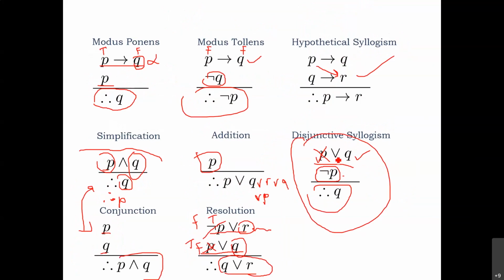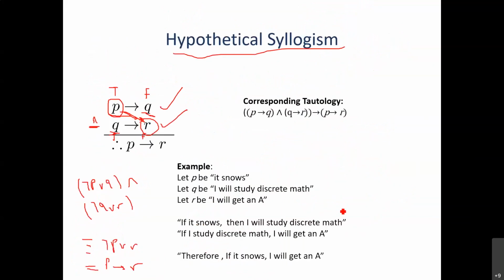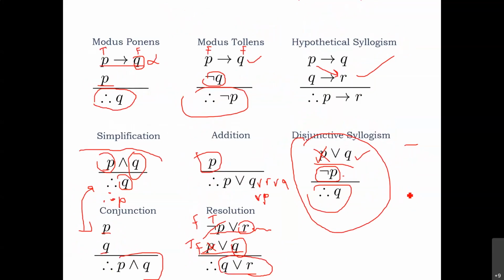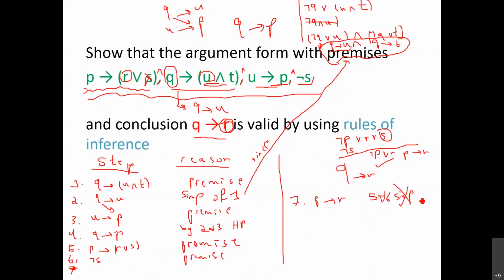P or Q, and you have not P, you get Q. We have not P or R or S. We also have not S, so we can conclude not P or R, which is just P implies R. This isn't actually simplification. It's disjunctive syllogism. DS.